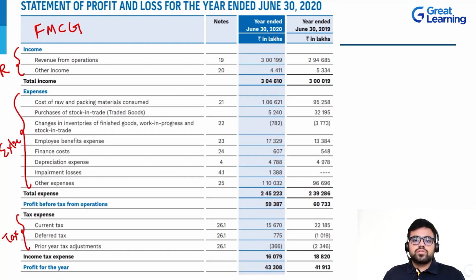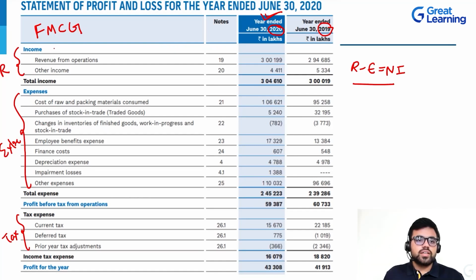Okay, so as mentioned, the equation revenue minus expense equals net income should be valid. So let's look at how it is. We'll look at the 2020 variant of it, and we can also compare it with 2019. I'll be taking 2020 for this one. Let's look at the sections of the profit and loss statement.